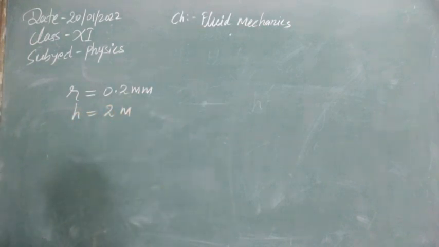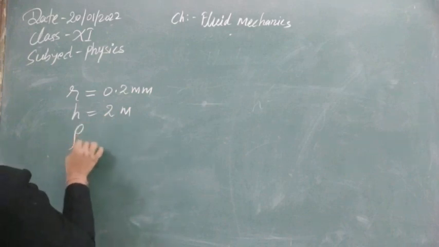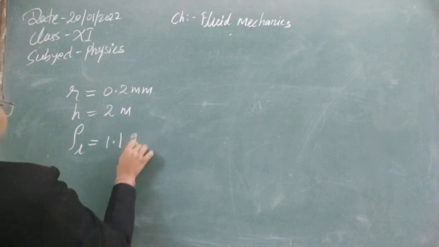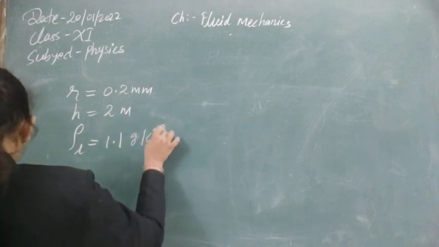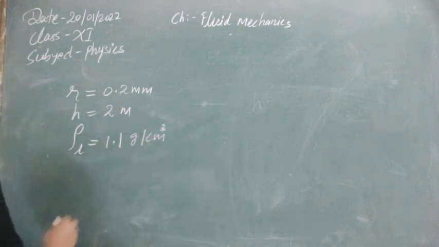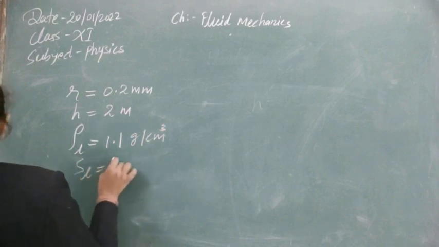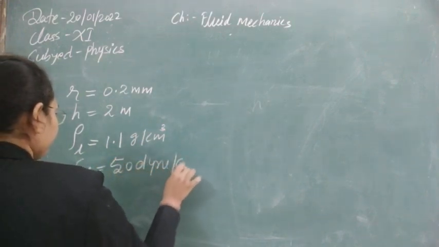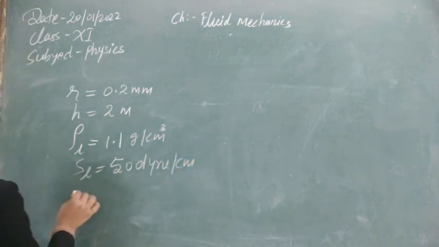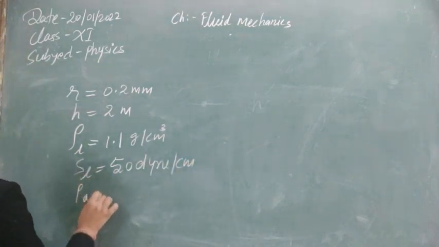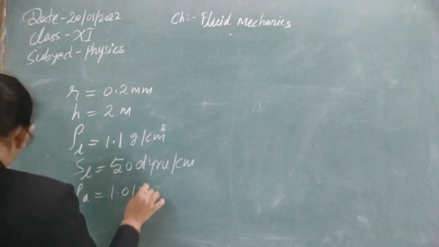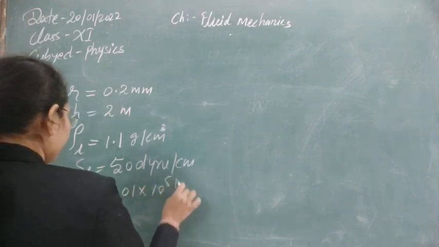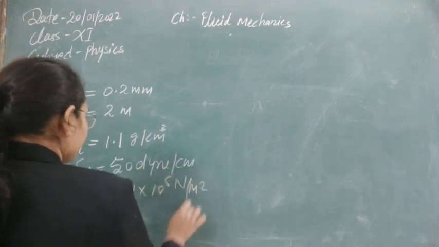And the liquid has density 1.1 gram per centimeter cube, and surface tension for that liquid is 50 dyne per centimeter. Next, atmospheric pressure is given, this is 1.01 into 10 to the power 5 Newton per meter square.